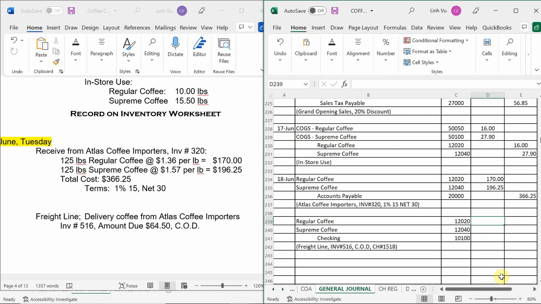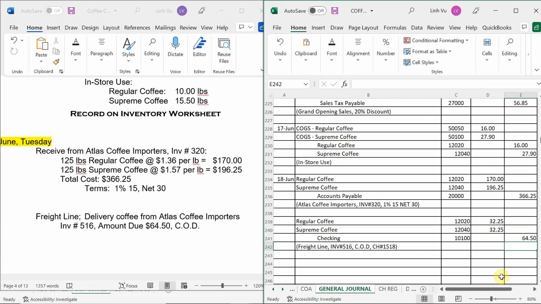Divided by 2. So in this case, 64.50 divided by 2 gives me $32.25. So that should give me my grand total of the $64.50. Okay. All right. Now that my journal's done, my check has been written.